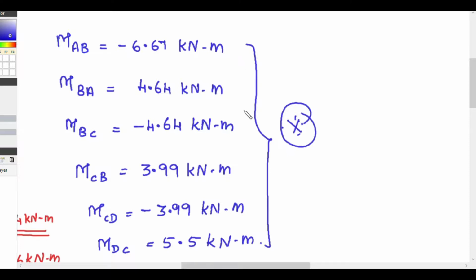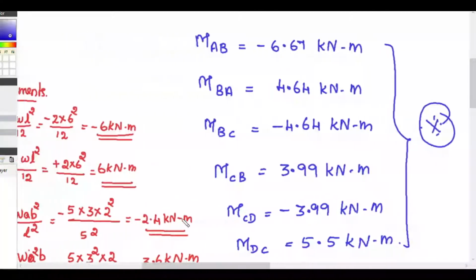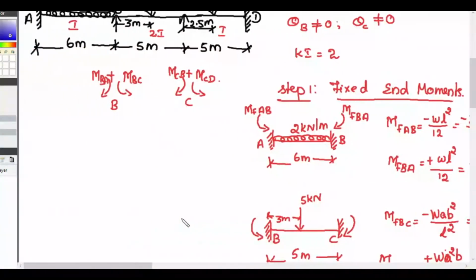So once we obtained the end moments, we can draw our bending moment diagram. Remember the values: minus 6.67 at A, at B it is 4.64, at C 3.99 and at D 5.5. Now we will draw our bending moment diagram. Before drawing the bending moment diagram, we have to draw the free bending moment diagram, right?